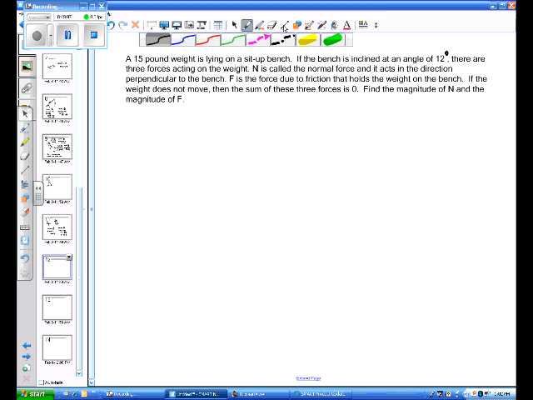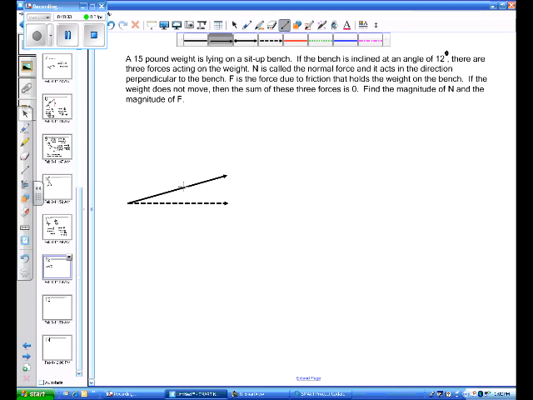Okay, we've got us a sit-up bench, and it's at an angle of 12 degrees. So if this were the floor, then our bench is at an angle of 12 degrees. Now what we have on that bench is a weight.